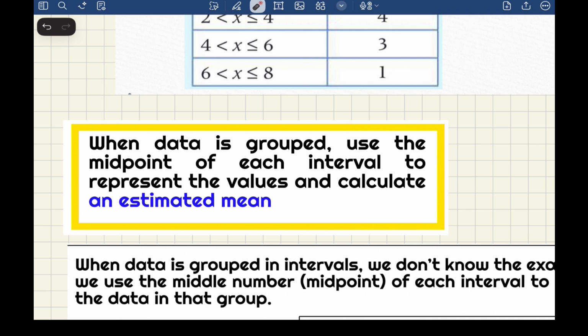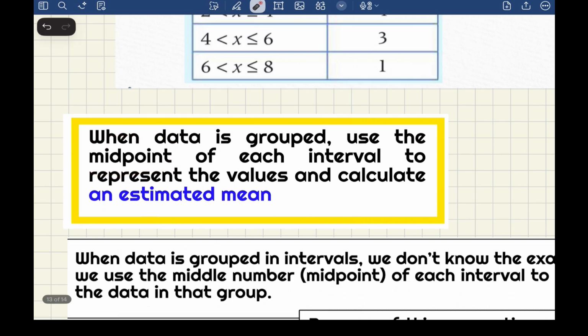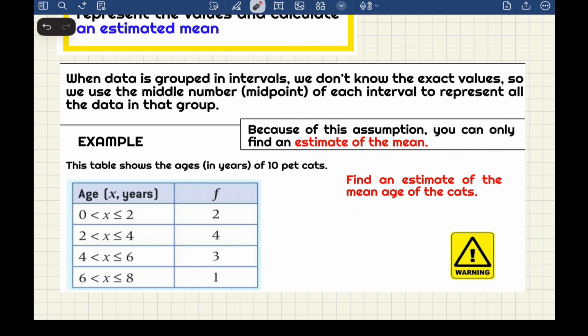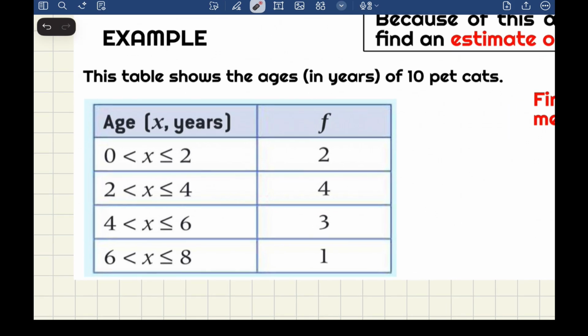Okay, so what is the midpoint? Pay attention, this is an example. In this case, we have to estimate the mean, and we have this grouped frequency table using, obviously, continuous data. So what we are going to use is the midpoint. The midpoint means what is the number between 0 and 2?